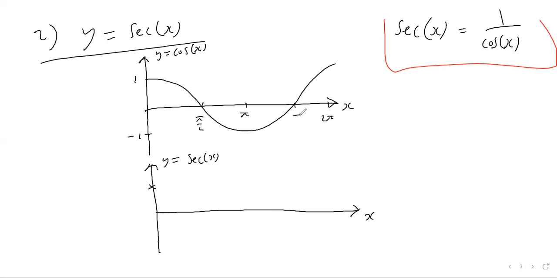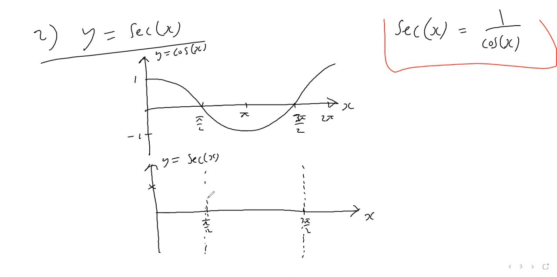So you know for a fact that you're going to get your asymptotes at pi over 2, and your next one at 3 pi over 2, and so on. All these asymptotes are at odd multiples of pi over 2: 1 times pi over 2, 3 times pi over 2, 5 times pi over 2.